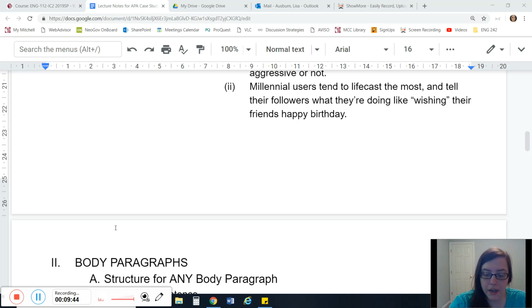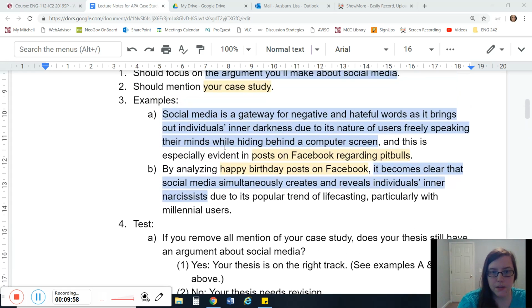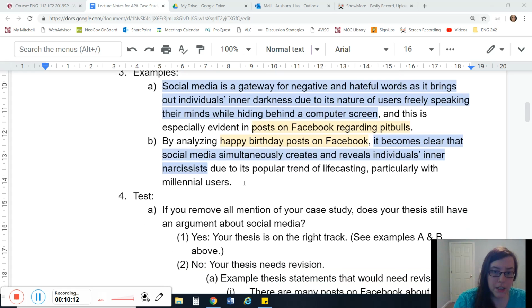So in my evaluation, I would write a comment saying something like, what does this suggest about social media? And you could refer back to the two earlier examples and see the argument I'm looking for: social media does something, social media is something, social media helps, hinders, an argument about social media.